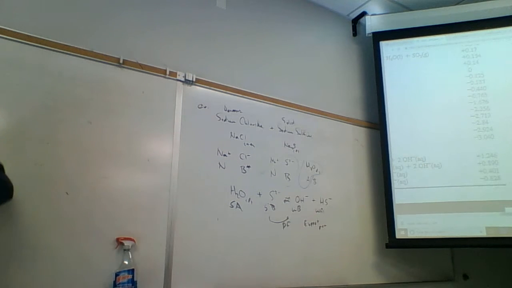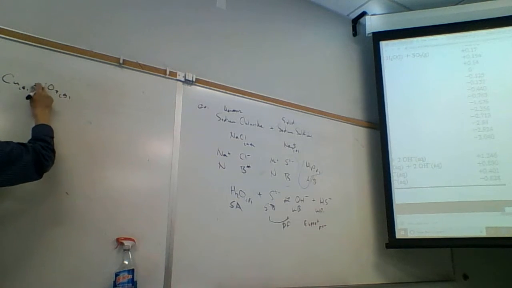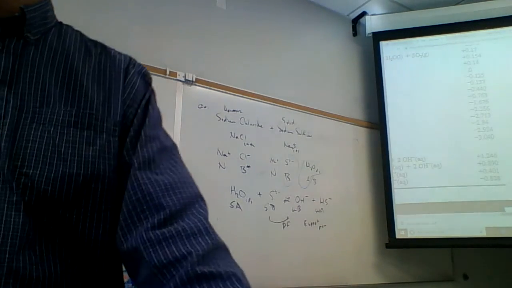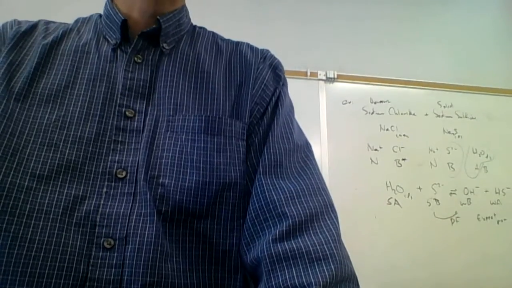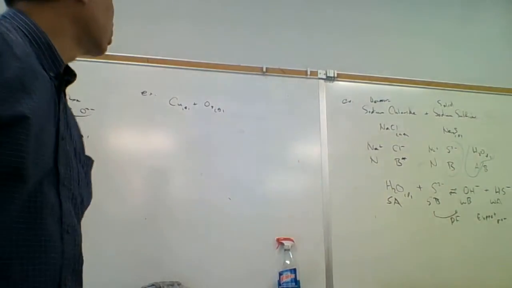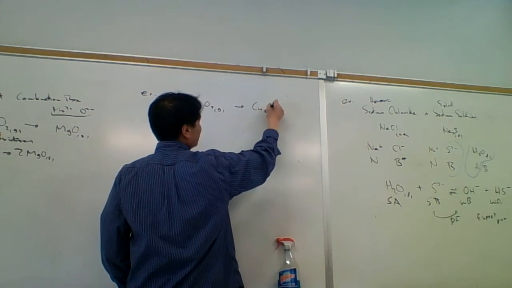Sometimes we have variable charges that come up, like copper. Let's look at copper plus O2, the oxidation of copper. What are the common charges for copper? Plus 1 and plus 2. So if we partially oxidize, we call this partial oxidation, we form copper.